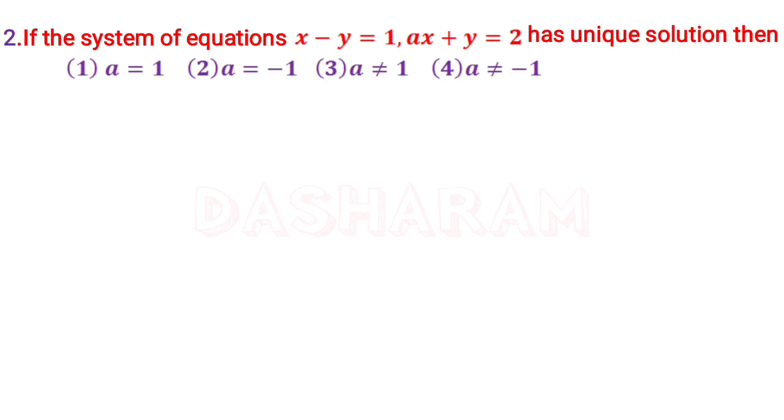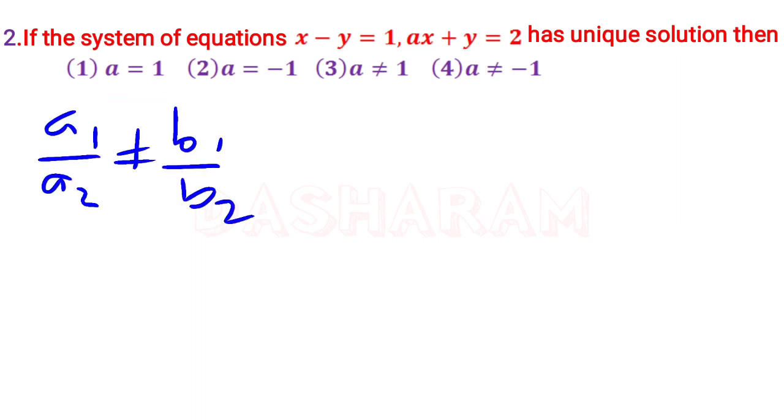Second question, the given system of equations has a unique solution, then which option is correct? We know that the unique solution condition is a1 by a2 not equal to b1 by b2, where a1, a2 are the x coefficients in the equations and b1, b2 are the y coefficients.